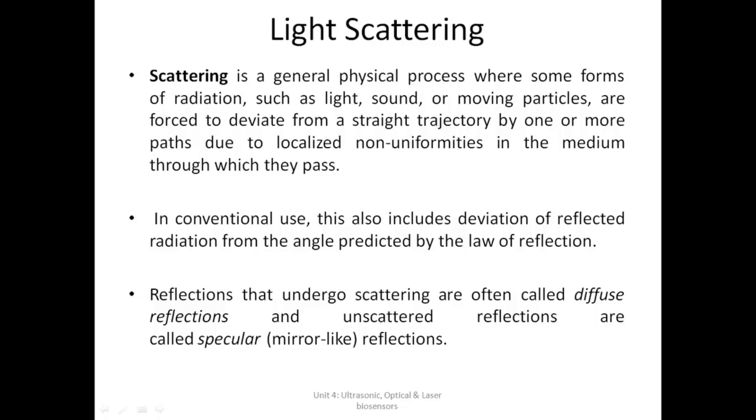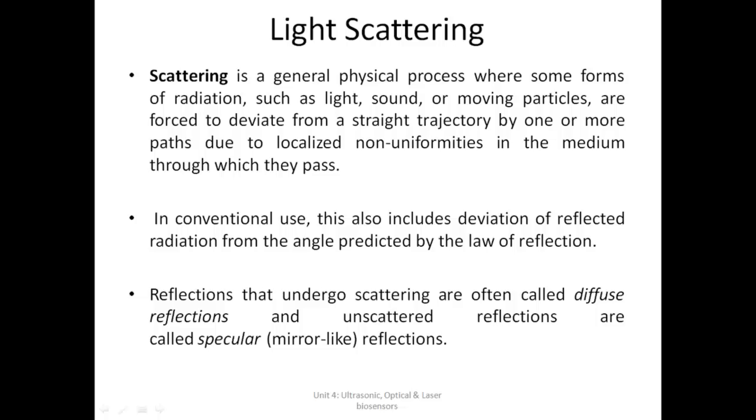So in conventional use, this also includes the deviation of reflected radiation from the angle predicted by the law of reflection. That means if there is total randomness, and reflection is taking place but not as per the law of reflection, then that is also part of scattering.